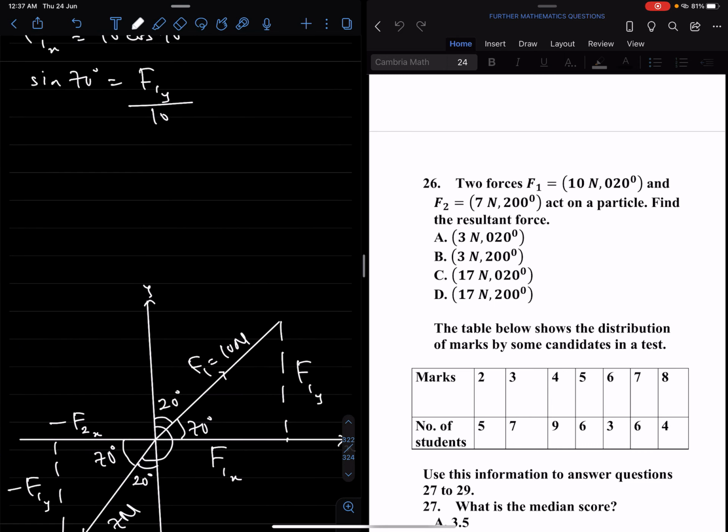So F1y, which is the vertical component of the force F1, is the same as 10 sine 70 degrees.